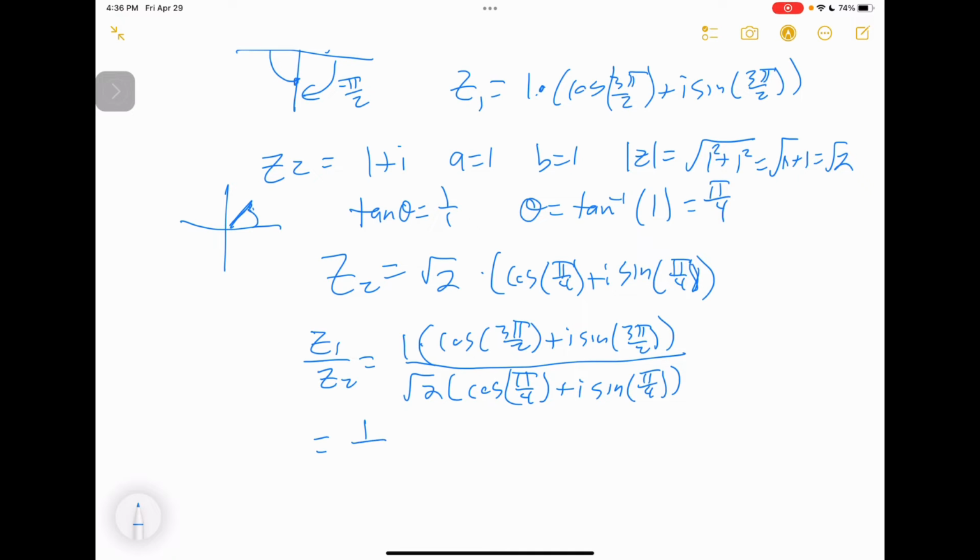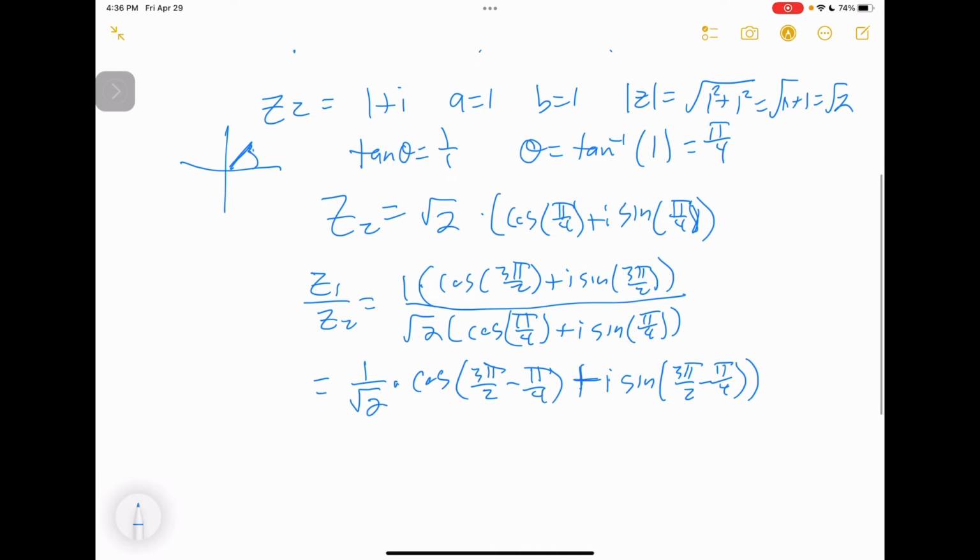You get 1 over the square root of 2 times cosine of the angle in the numerator, 3 pi over 2, minus the angle in the denominator, pi over 4, plus i sine of 3 pi over 2 minus pi over 4. This gives us 1 over the square root of 2 times cosine of 5 pi over 4 plus i sine of 5 pi over 4.